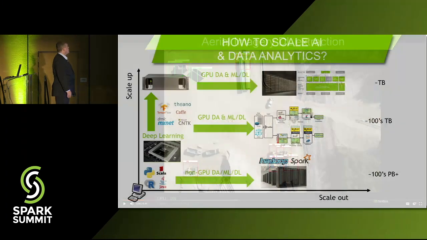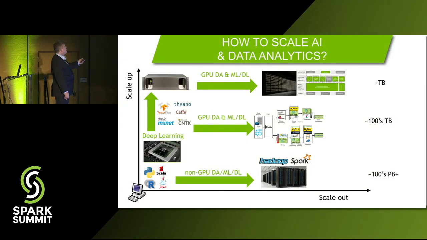And so this is my last slide. How to scale artificial intelligence and data analytics? There are a number of ways, but we're very excited about the fact that GPUs are revolutionizing the ability to do high-scale deep learning, but also the fact that there's now this initiative where you can create a memory-resident GPU data frame in this GoAI initiative, and also the fact that you can do deep learning in the Spark ecosystem.